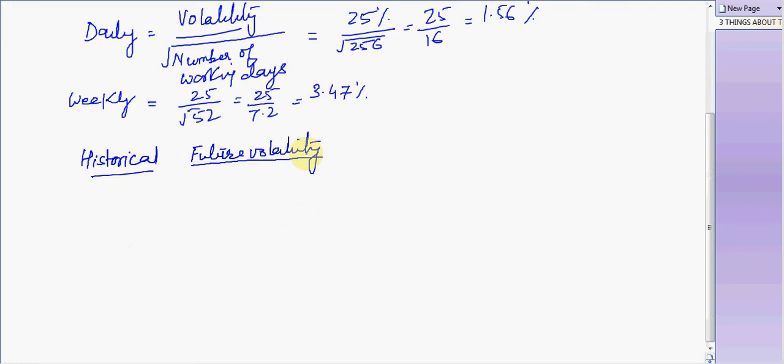We make all the predictions, learn various tools, do all the analysis to understand what the future volatility is, and that's very difficult to predict. Also, one more term for historical volatility is realized volatility. That has been realized. When we're talking about historical volatility, we are talking about the underlying.